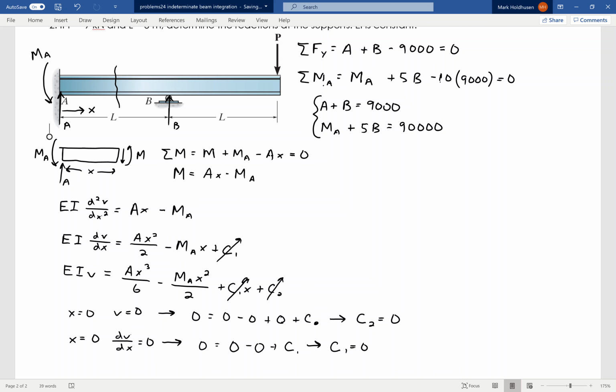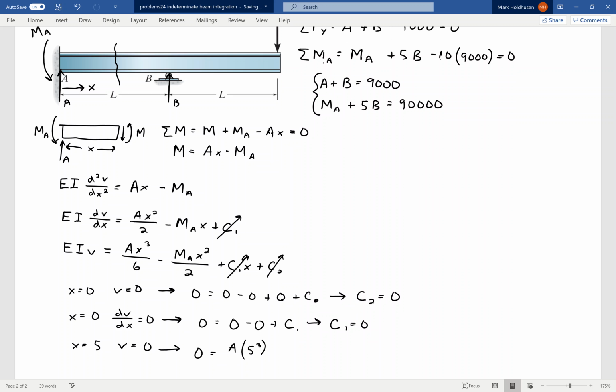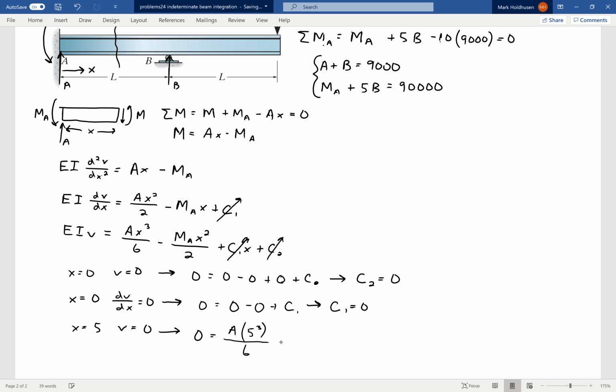Now I know one more thing, which is that at point B, the deflection also has to be 0, because I'm at a pin there, so there is no deflection. So when x equals L, which of course is 5 in our case, the deflection equals 0. Going back to that deflection equation, I say 0 equals A times 5 cubed over 6 minus MA times 5 squared over 2.